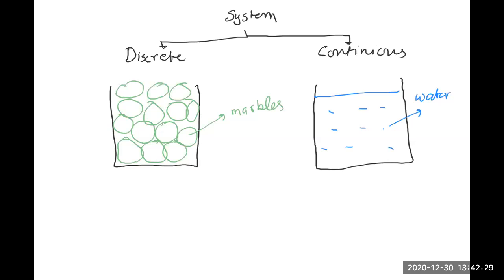That means that while I am pouring the water, the reading on the weighing machine at some moment in time would have been 100 grams. At some moment in time, it would have been 115 grams.